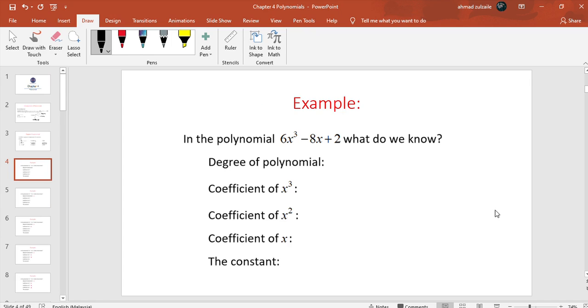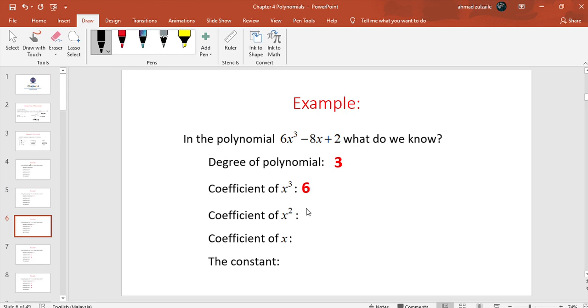Alright, so another example, in the polynomial 6x cubed minus 8x plus 2, what do we know? Degree is the highest power of x for the term, right? So the degree of the polynomial is power 3. The coefficient for x cubed, the multiplication to this x cubed, is 6.